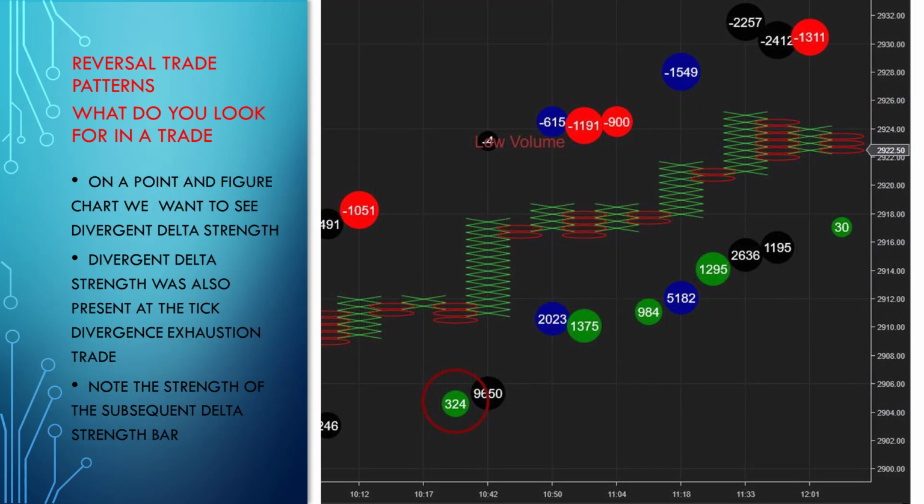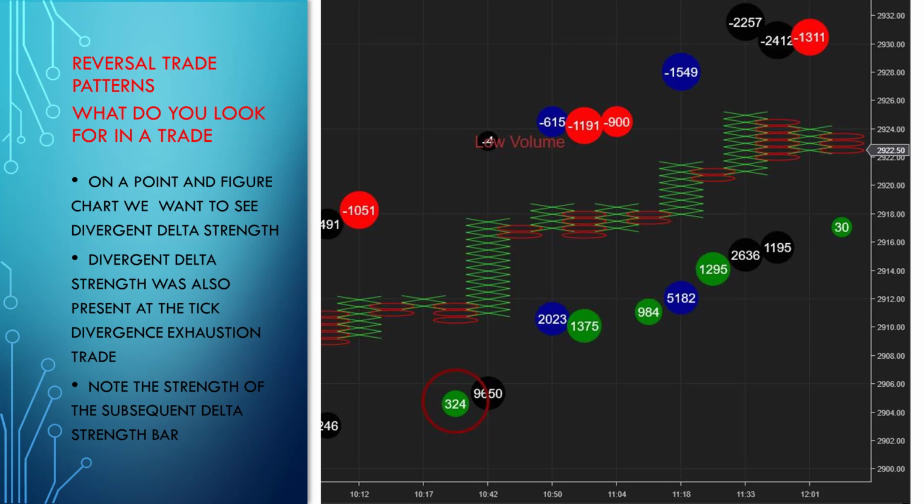The next thing we want to look for is our point and figure chart, where we want to see divergent delta strength. In this chart, the divergent delta strength we were looking for was the red down bar with the green 324, indicating that ZoneTraderPro delta strength indicator had found divergent delta strength.